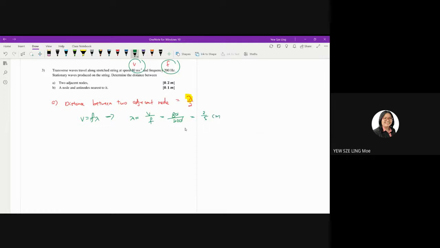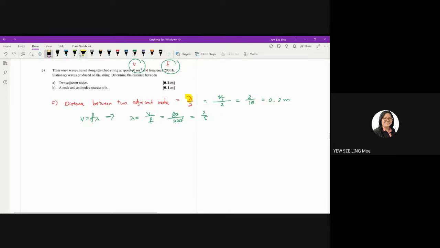So now what are you going to do? You sub it into the equation, then you should be able to obtain the value. Lambda over 2 is 2 over 5 divided by 2, you then obtain 2 over 10, which is then equal to 0.2 meter. Oh, I made a mistake in the unit.